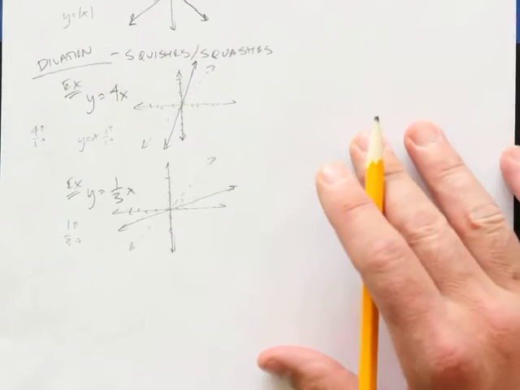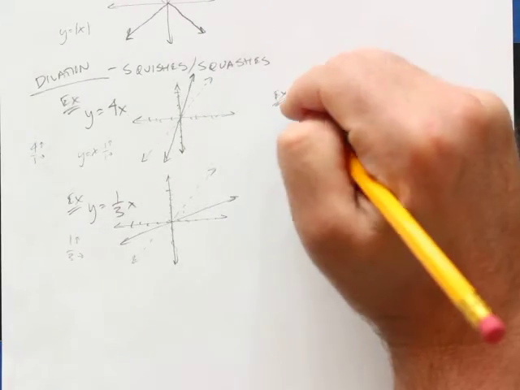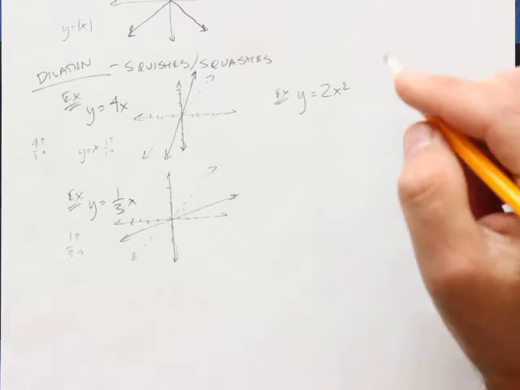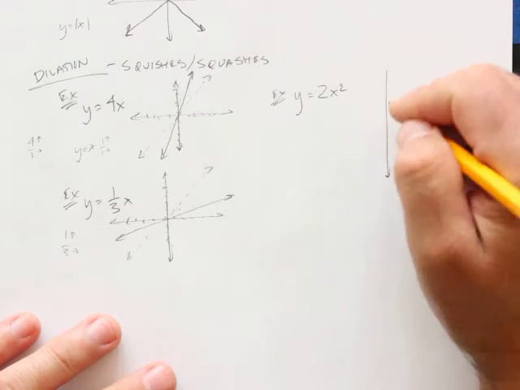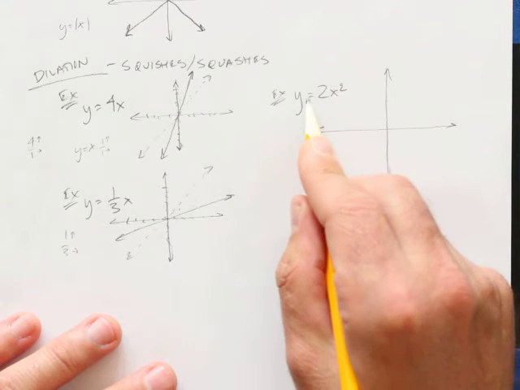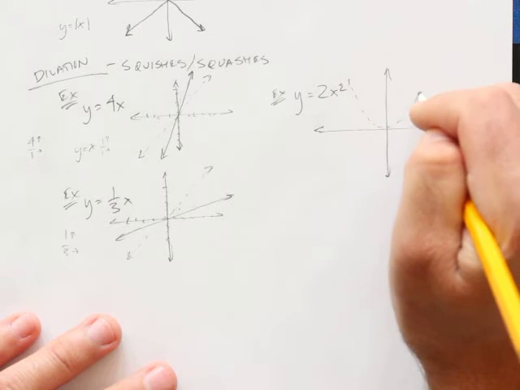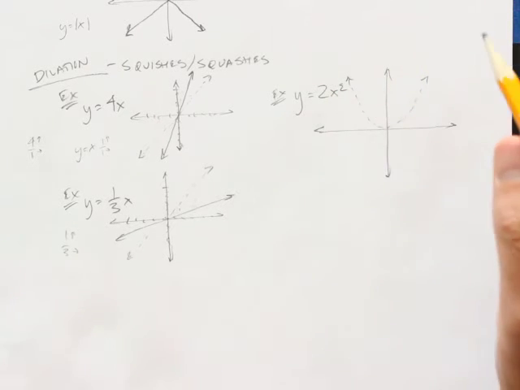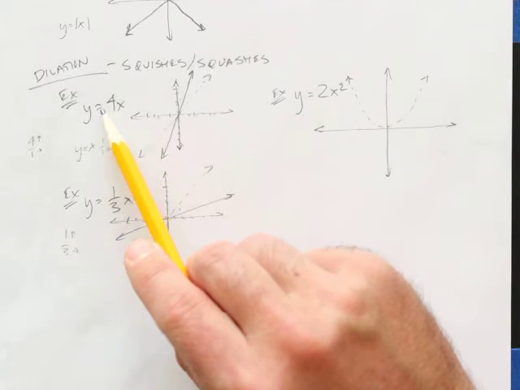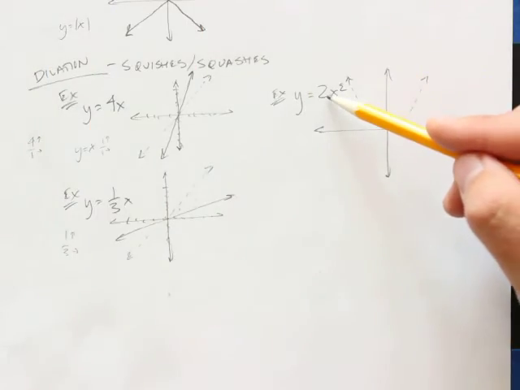Let's do another one. y equals 2x squared. So y equals x squared is my parent graph, which is just this big U thing. Now, when I multiplied my x over here by 4, it squishes it this way. The same thing is going to happen here.